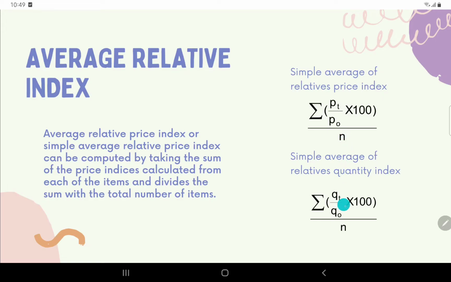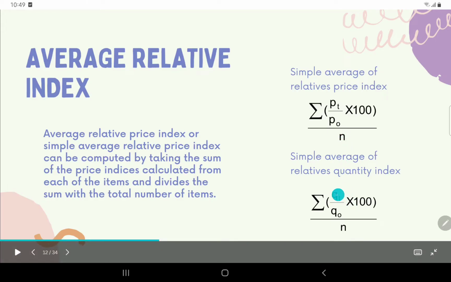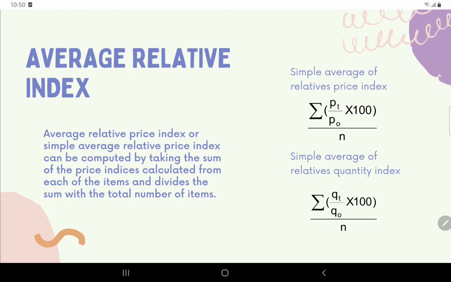Same with the quantity index. This is the formula before, QT divided by Q0 times 100. But to find the average, we need to sum up and then divide by n. That's the difference between this formula and the formula before for relative index. This is the formula for average relative index, and just now was the relative index.